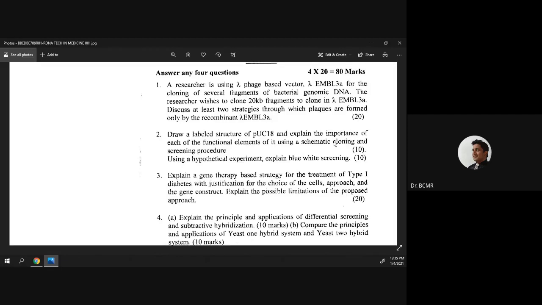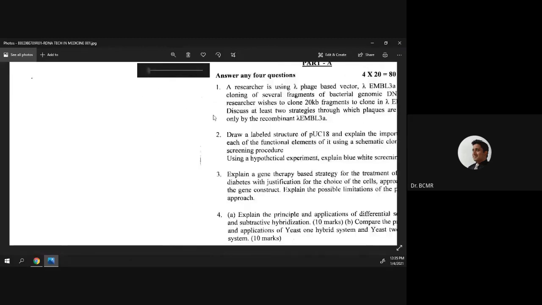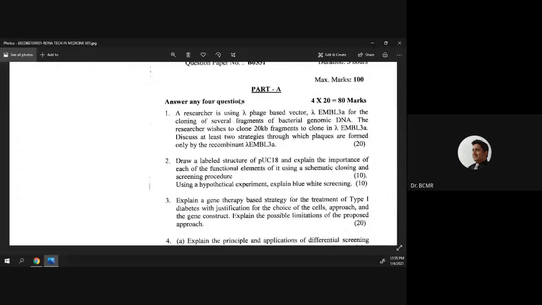Yes, I will read the question. I hope you can see it anyway. A researcher is using lambda phage based vector, lambda EMBL3A, for the cloning of several fragments of bacterial genomic DNA.